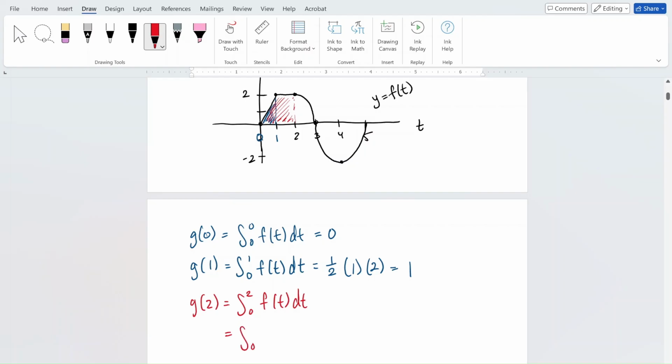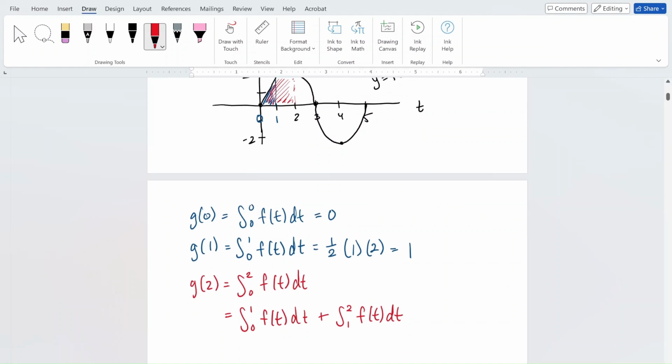Instead of going from 0 all the way to 2, I could go from 0 to 1, and then add the integral from 1 to 2. That way I get the rest of it. If I look at that first part, we already know what it is because that's just g of 1, which we figured out earlier was 1.